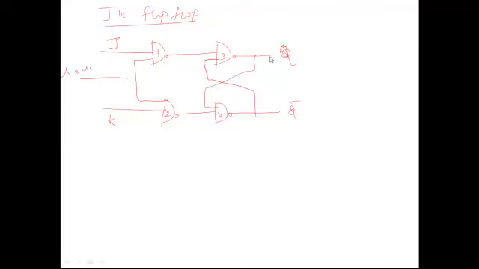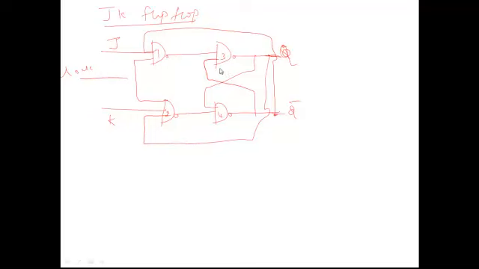You take this Q output to the first input side, which comes under NAND gate 2, and the Q bar output to the top side, which comes under NAND gate 1. So this is the difference.